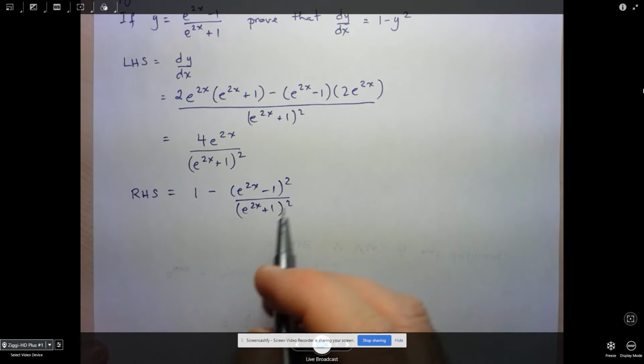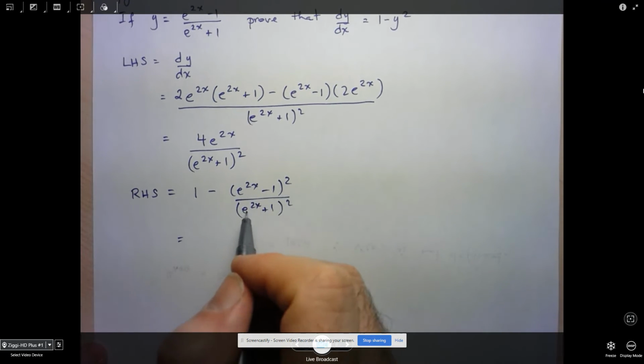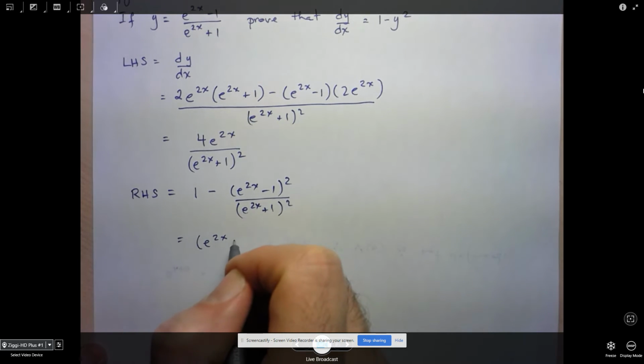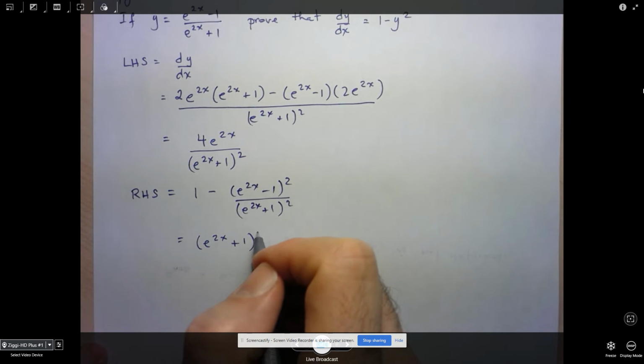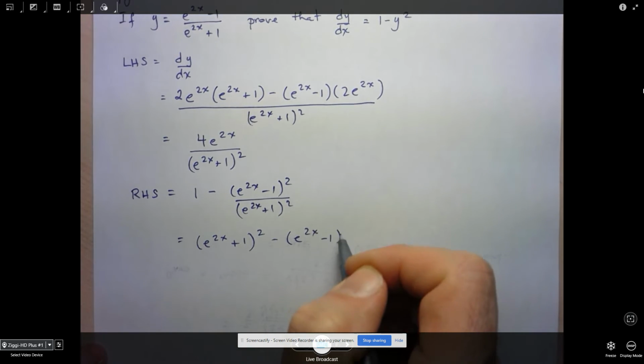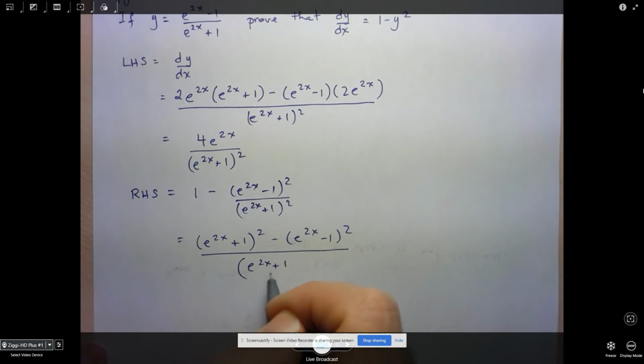All right, so now I'm going to subtract these with a common denominator. So here, the common denominator is this expression here. So I'm going to have e to the 2x plus 1 squared minus e to the 2x minus 1 squared all over e to the 2x plus 1 squared.